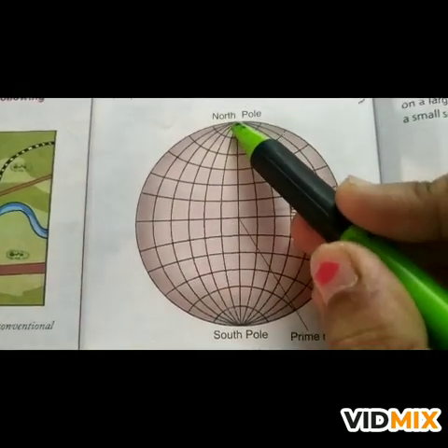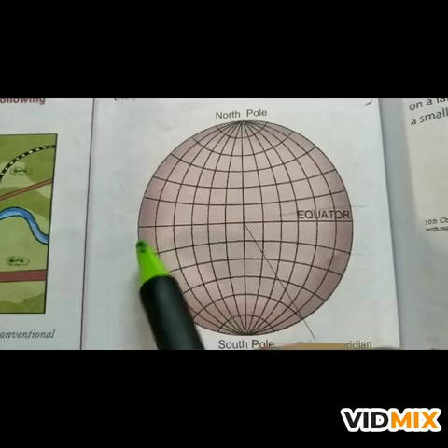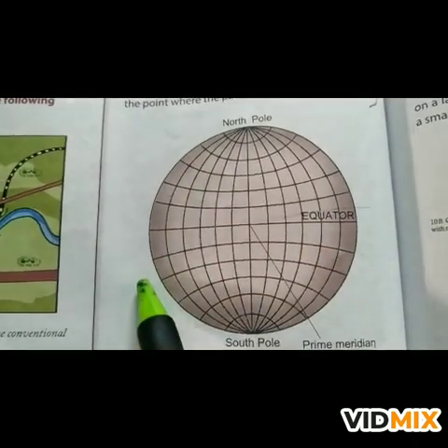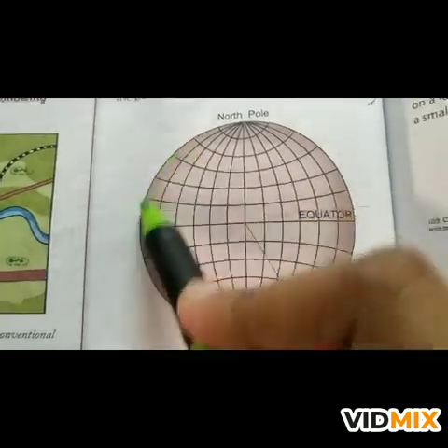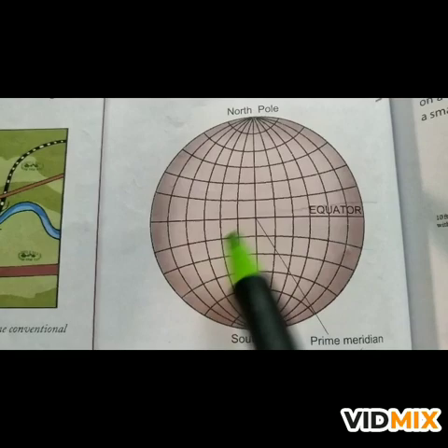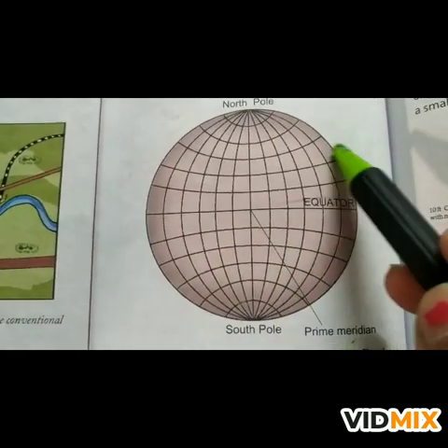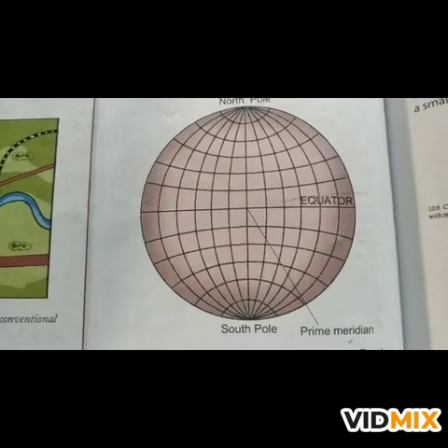The prime meridian divides the earth into two equal parts. One is in the east direction and one is in the west direction. This east part is known as the eastern hemisphere and the other part towards the west is known as the western hemisphere.